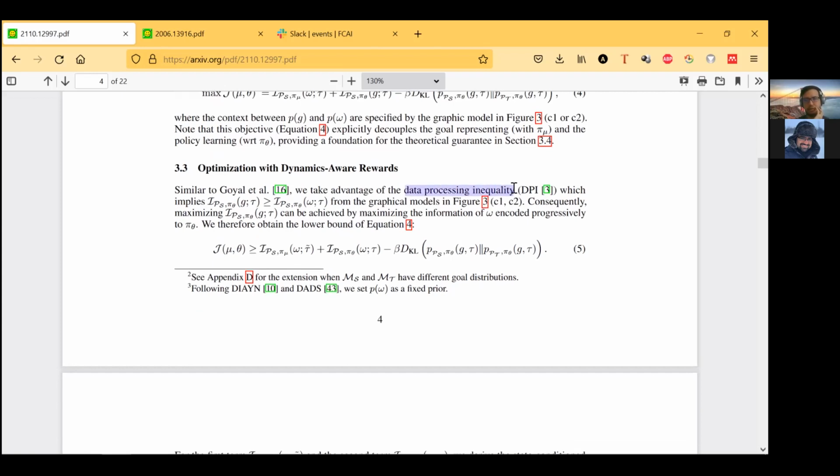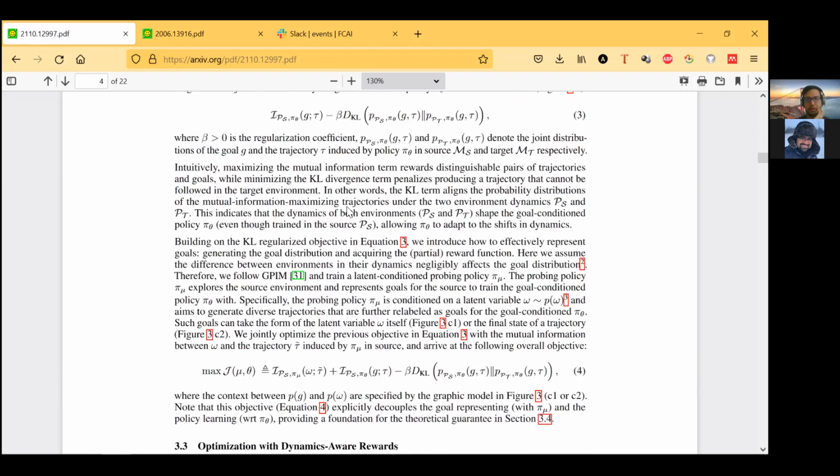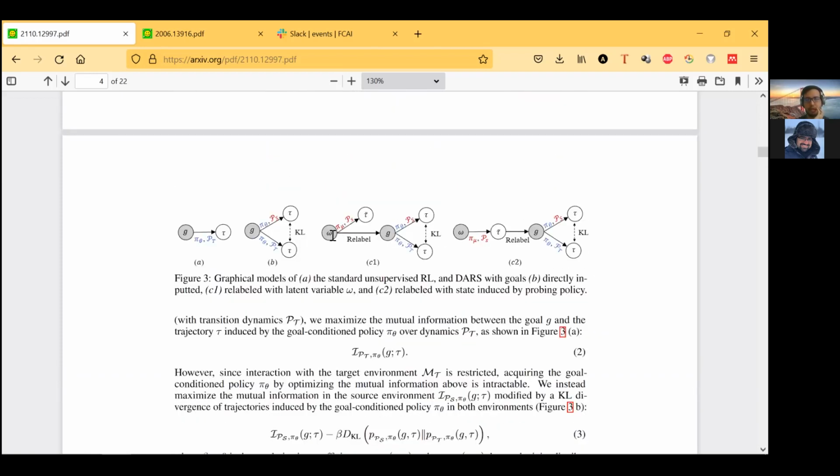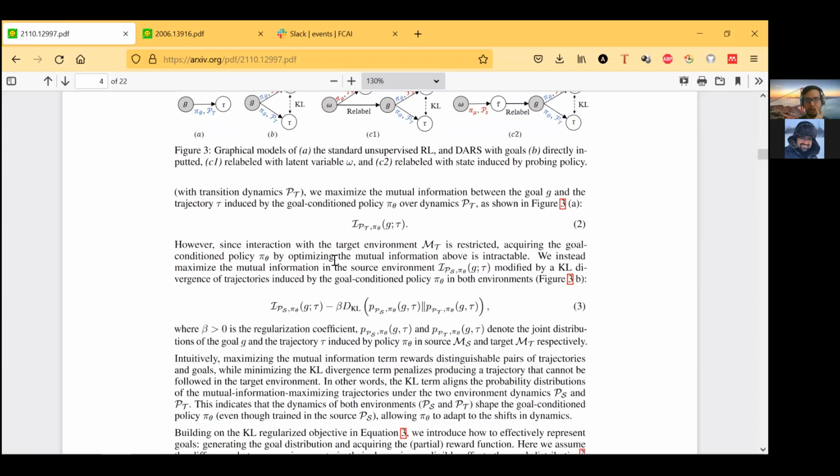I didn't know it before reading the paper, but apparently it's a very fundamental inequality in information theory. If you have a graphical model like this, or a Markov chain, where you have conditional independence, for instance here tau is conditionally independent of omega knowing the goal, because this policy will depend directly on the goal. So if you know the goal, then the distribution of tau will be independent from the distribution of omega.